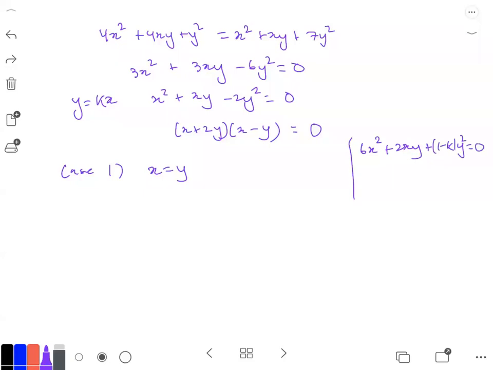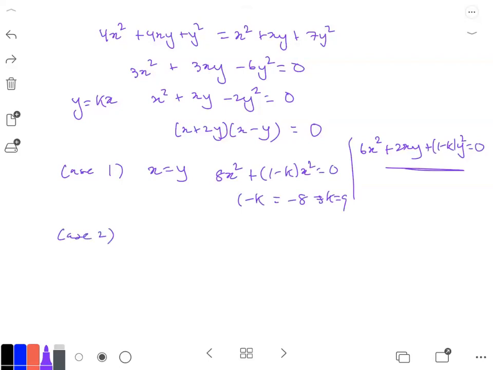In the case when x equals y, we can plug this into this equation, so 8x squared plus 1 minus k x squared is equal to 0. In order for this to hold, we must have 1 minus k equal to -8, so they can cancel. So k is equal to 9 in this case.